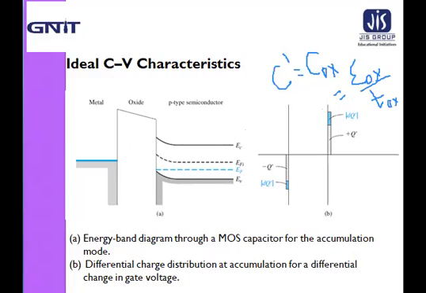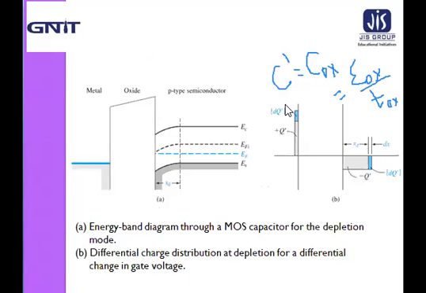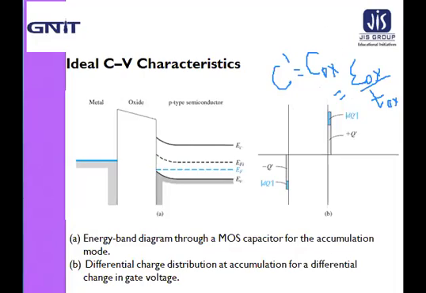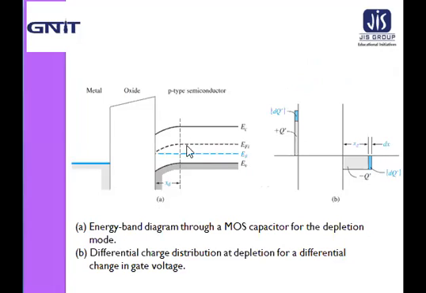Now, in the next figure, figure A shows the energy band diagram of the MOS device when a small positive voltage is applied to the gate, inducing a space charge region in the semiconductor.